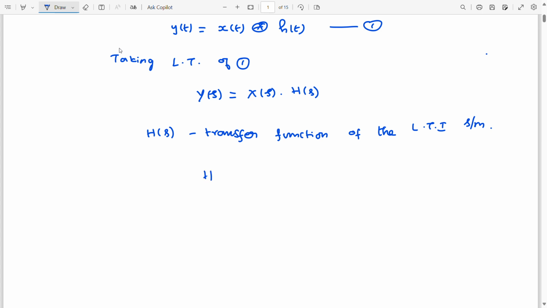H of s is represented by the Laplace transform of output over the Laplace transform of input at zero initial conditions.